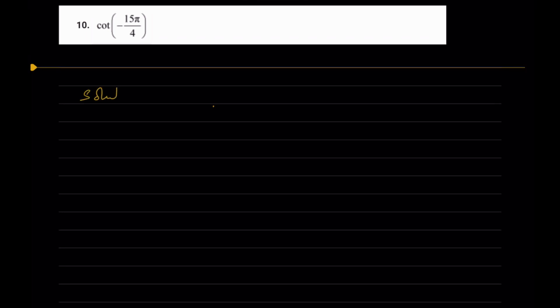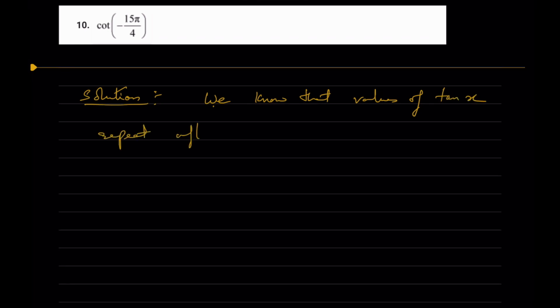So here again we know that it repeats after an interval of pi or 180 degrees. So we know that values of tan x repeat after an interval of pi or 180 degrees.